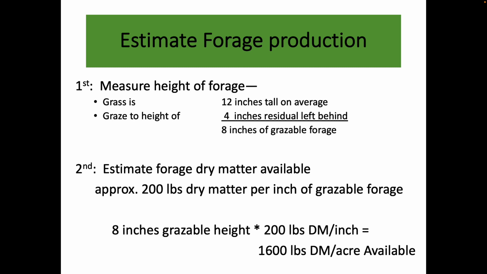To estimate that forage dry matter available, keep in mind we have about 200 pounds of dry matter per inch of grazable forage. So 8 inches to graze times 200 pounds of dry matter per inch gives us 1,600 pounds of dry matter per acre available.